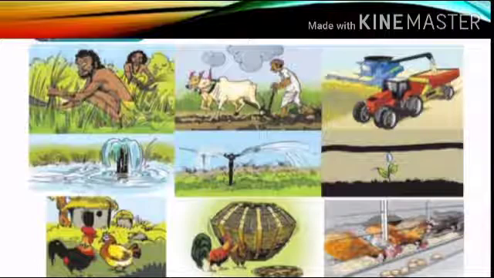Later, he learned the art of cultivation and started getting greater production from land. Through this, he could provide for the whole year's need for food grain.